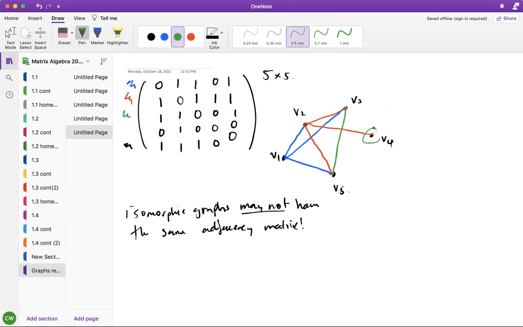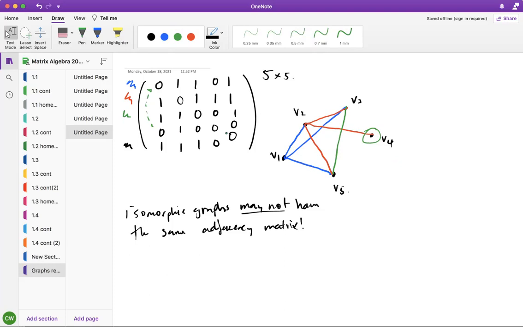V4 was a vertex that was only connected to one other vertex. But what if I called this V1? That means that this row with only one entry of 1 will be in the first row and automatically have a different matrix. And this row might look different as well.